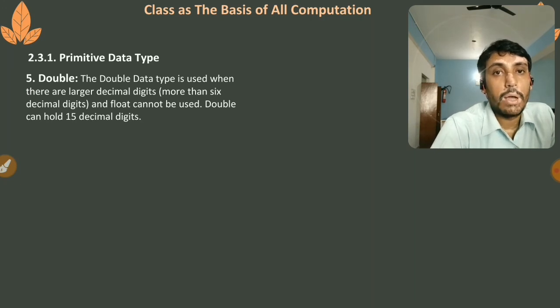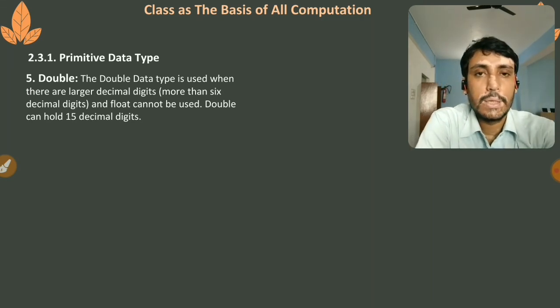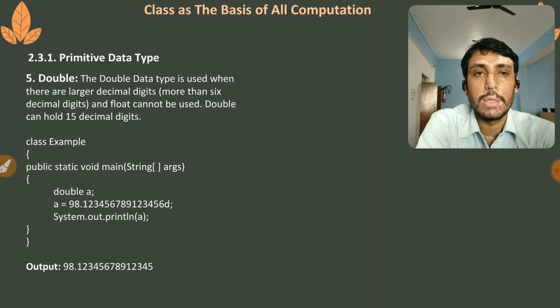Double can hold 15 decimal digits and float can hold 6 decimal digits. Let us look at one example, class example. Class is the keyword, and example is the name of the class. Public static void main string args, this is the main method, and double A, a value is assigned, and System.out.println A, and the value will be printed like this.